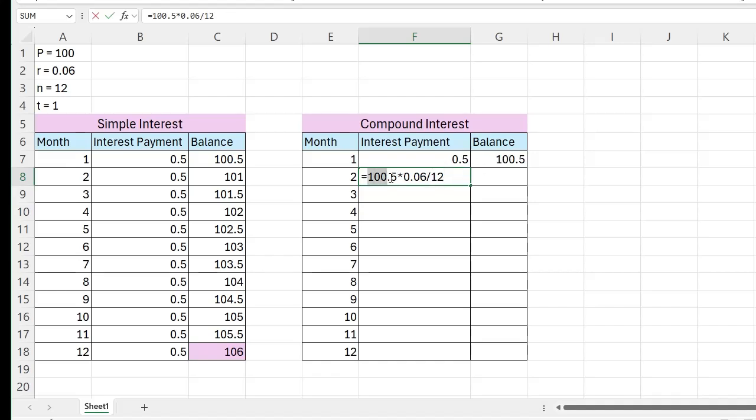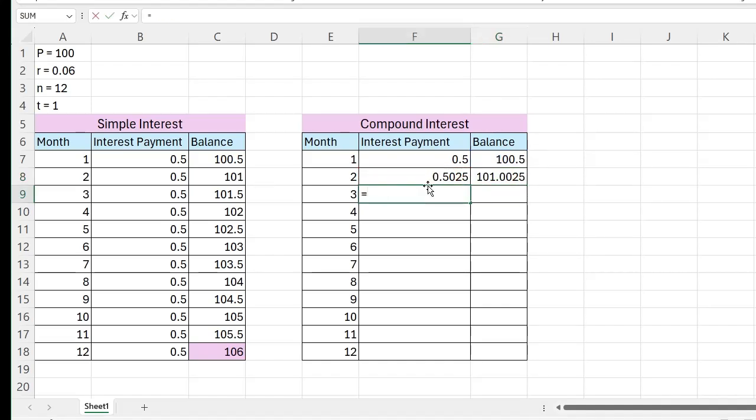I start with the amount from the previous month, I don't start with $100. So I get slightly more than 50 cents, and my balance will be this $100.50 plus my new interest payment.